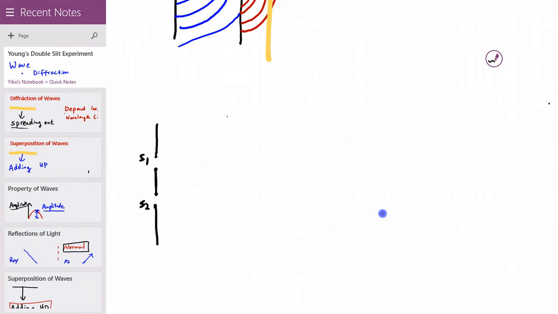Then I have a wall down this side, and the wave just comes through. I'm sorry for the bad drawings, but just imagine they have beautiful wave patterns coming through.